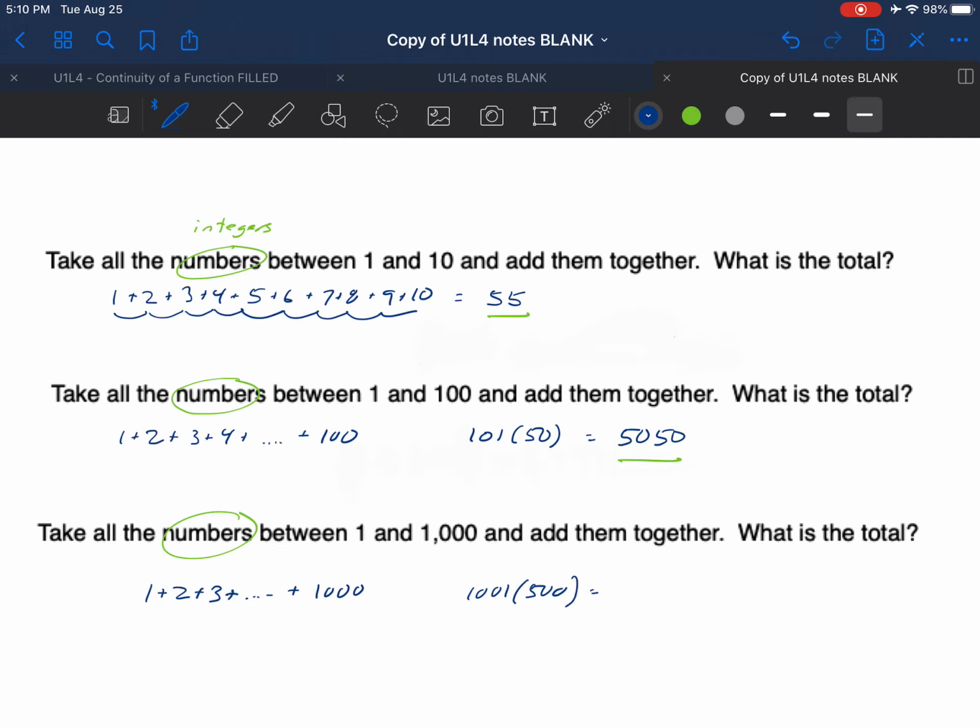Now maybe a couple of you are seeing the pattern here. Maybe. Okay. So if I run that on the calculator again, 1,001 times 500, this is 500,500. So we have this similar pattern. How the heck is that happening?